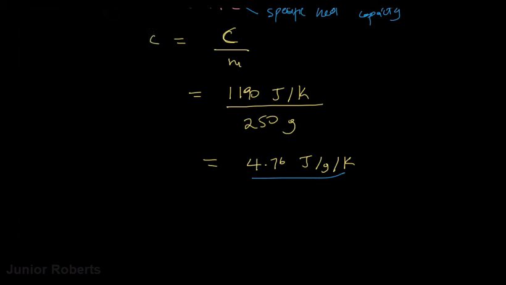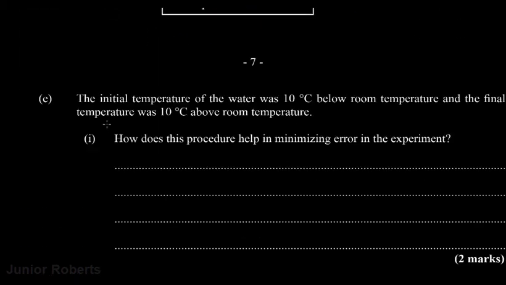Right, now let's continue. Okay, so it says now the initial temperature of the water was 10 degrees below room temperature and the final temperature was 10 degrees above room temperature. How does this procedure help in minimizing errors in the experiment? So we can see that basically what they did there was to ensure that they got a wide range of temperature values to minimize errors in the experiment. Because one of the ways in which we can minimize errors, especially random errors, is by taking multiple readings.